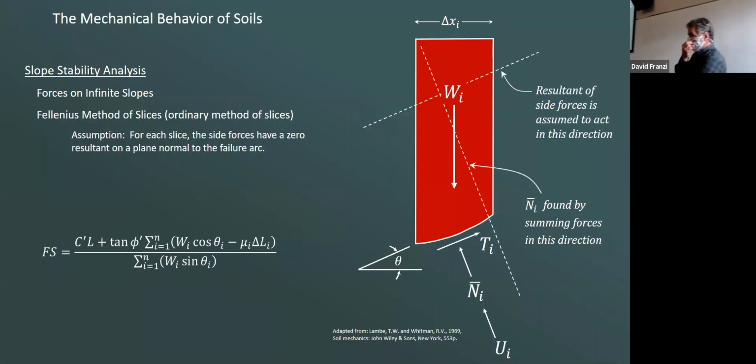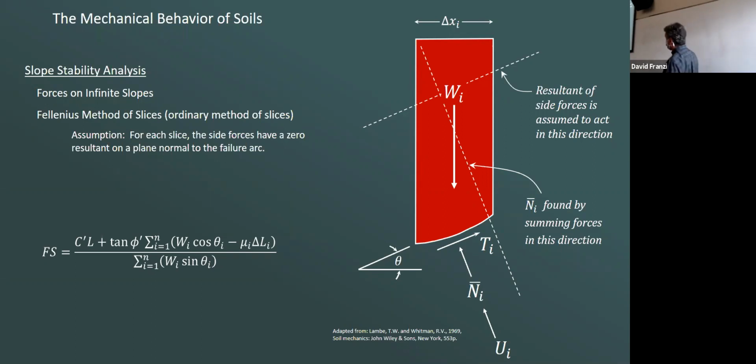Yes, sir. Is that the factor of safety in this case? This is going to be the factor of safety, because if you look at this equation, that is the factor of safety. The cohesion times L, and L here is the total length of the arc, calculates what the resisting force is due to cohesion, plus W cosine theta for each slice.